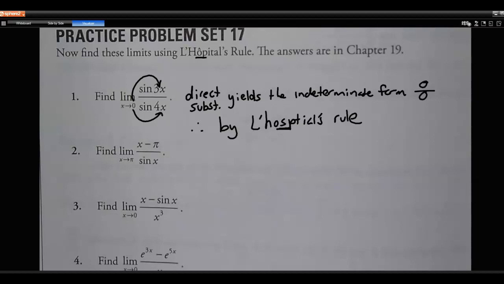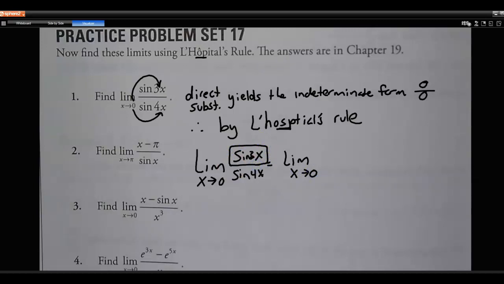But anyway, therefore, by L'Hopital's rule, the original limit, so I'm going to rewrite that really quick, the original limit is equal to the limit of this following new function, which can be found by taking the derivative of the top. Now that's a chain rule.